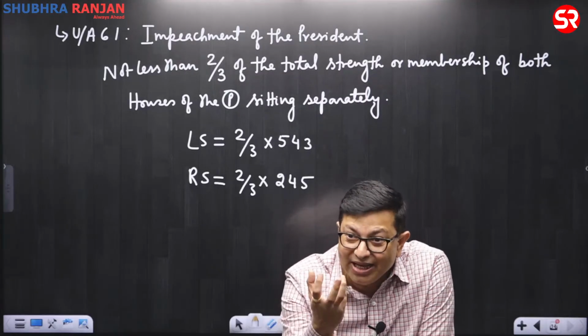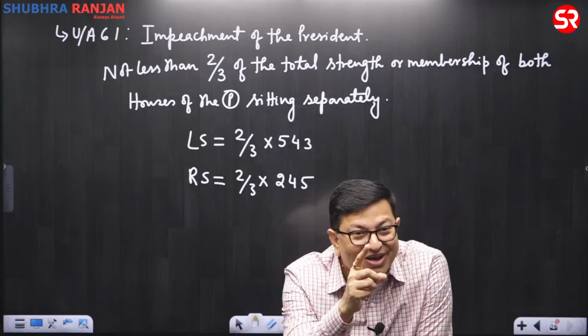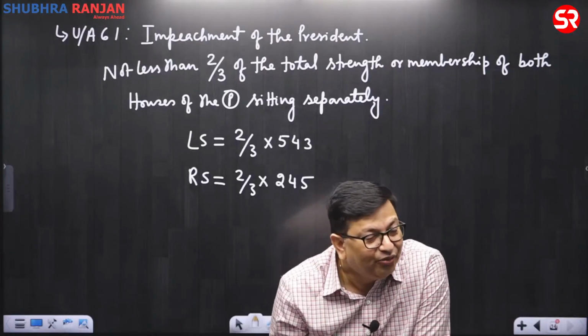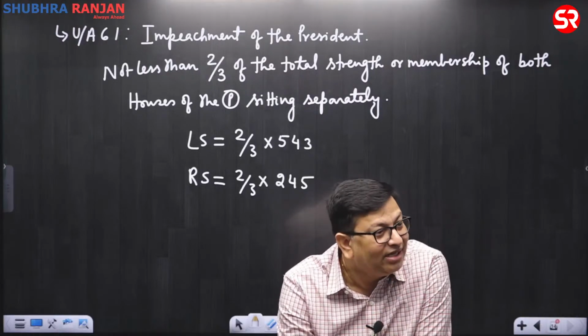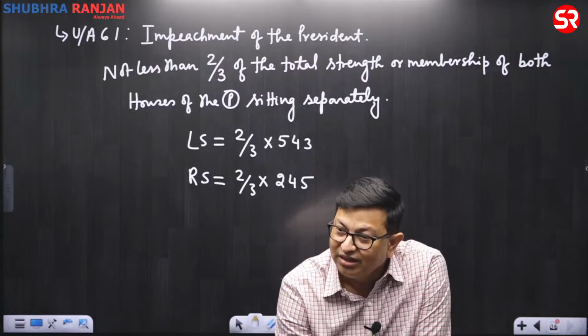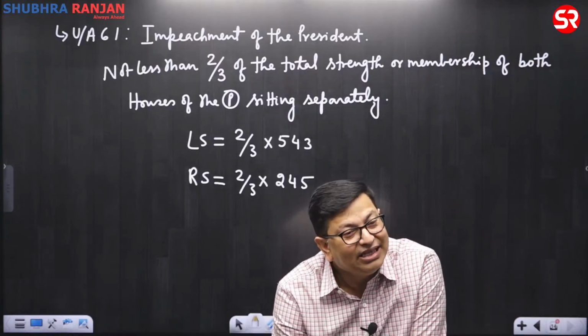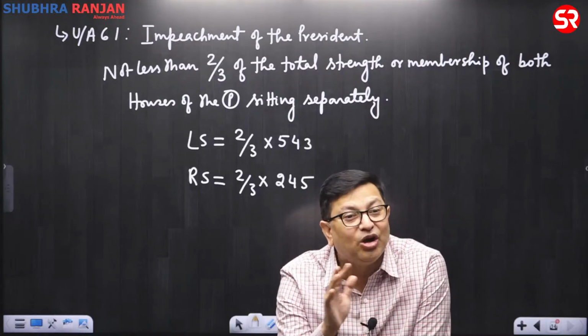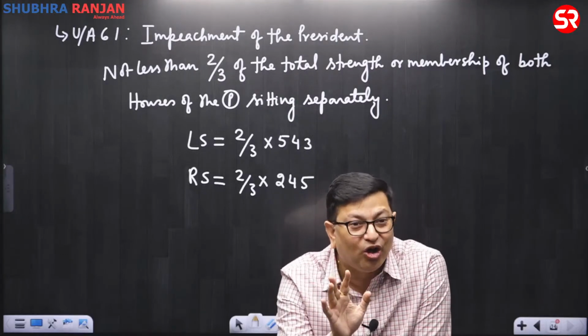So, the main role is that of the parliament. It is because of that reason that we use the word impeachment even for the judges of the Supreme Court, High Court, the CAG, the Chief Election Commissioner and the State Election Commissioner also. It is in the context. So, that is not wrong also.